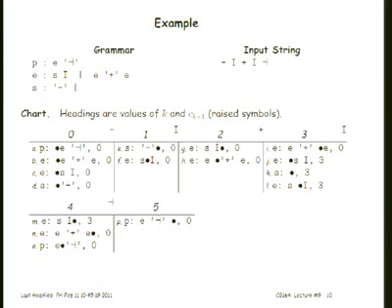For example, this item here says that at position 4, which is after the fourth character, we are immediately to the right of an E that started at position 3 and that consists of an S followed by an I.